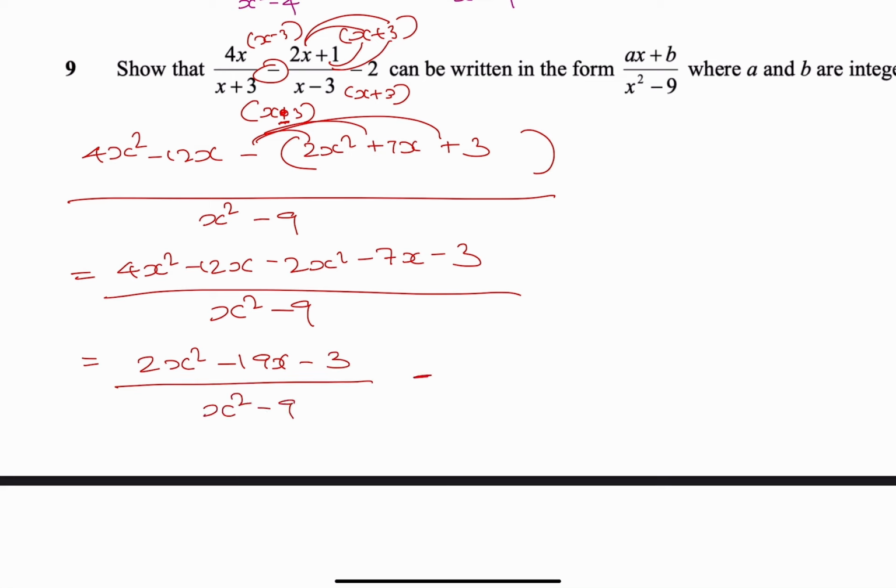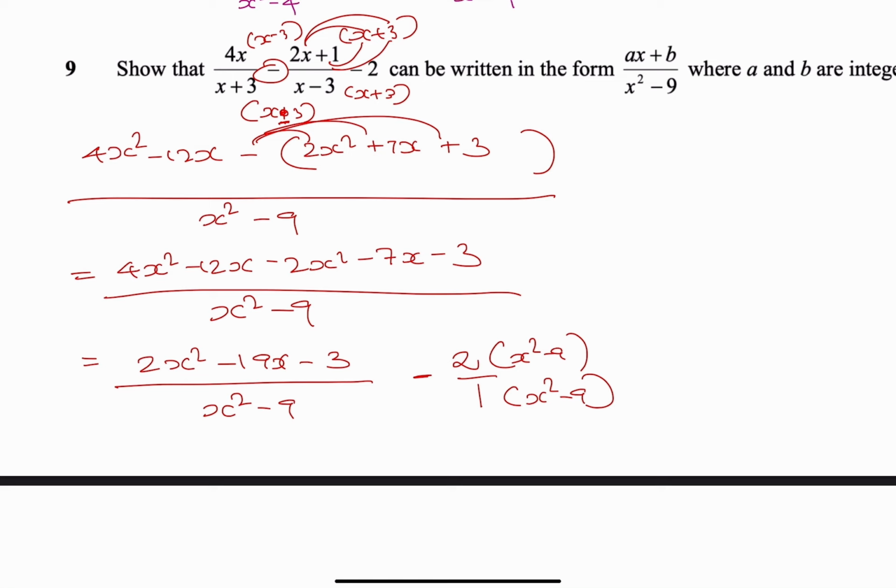And what do we do? Take away 2. Okay, and we will just take away the 2. So 2 means, what does 2 mean? 2 over 1. So how do we do that? You times it by x squared minus 9, times it by x squared minus 9. Okay, so what are we going to have here?